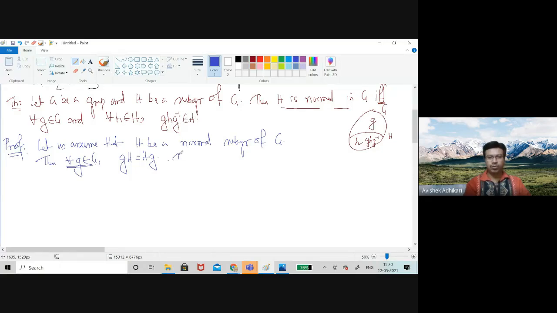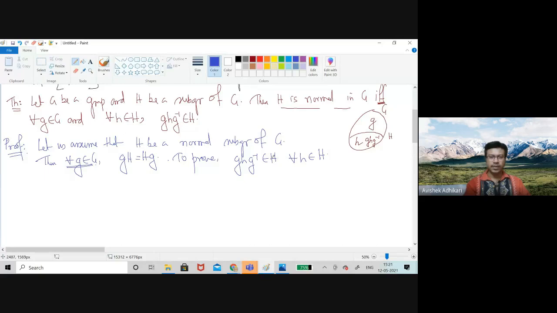So to prove g h g inverse belongs to H for all h belongs to H, right? Okay. So first have a look at this. What you need to show is that somehow this expression should be in terms of only an element of H. Then you will be able to say that this happens.